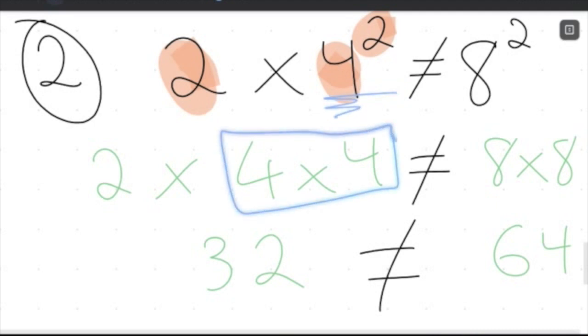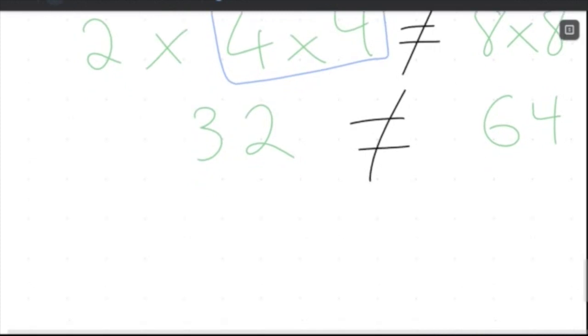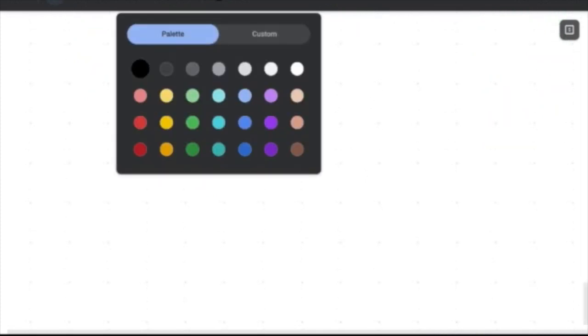So it's different to multiplying just this by this and then leaving the same power there. So even consider order of operations. Let's do one more example to help you with this misconception.